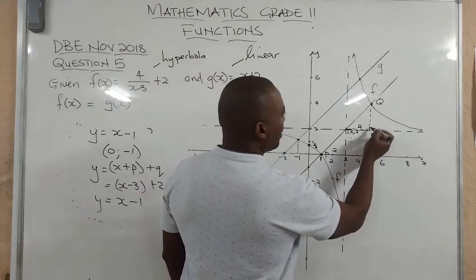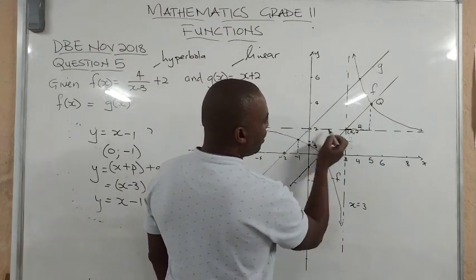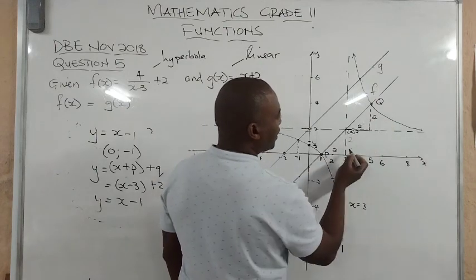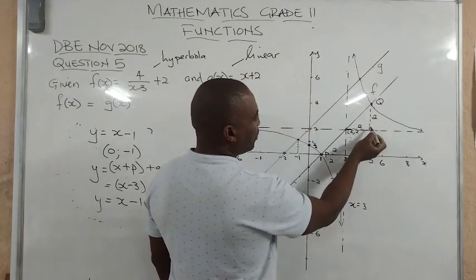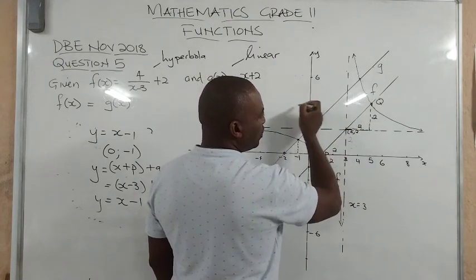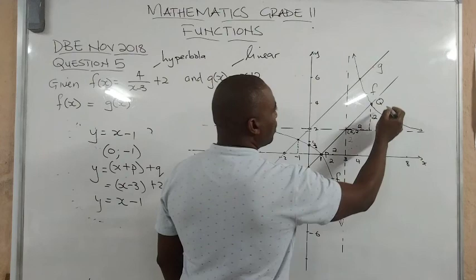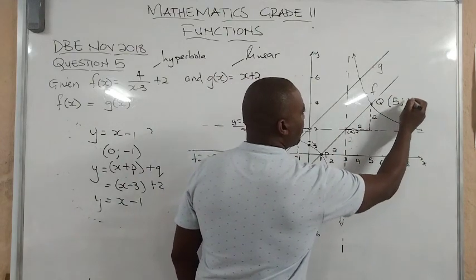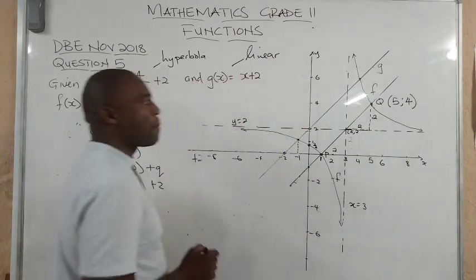And then vertically, remember we are already at 2, we move again 2 units. That means from 2, if you move 2 units up, we get to 4. So basically we are saying the coordinates of Q are (5, 4).